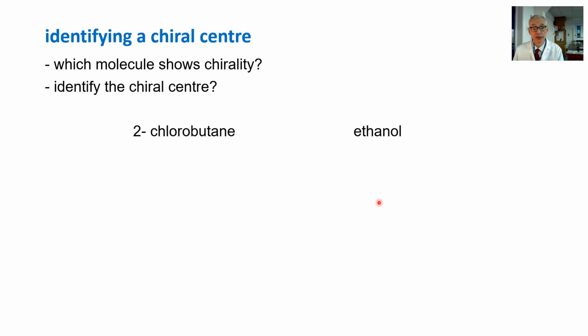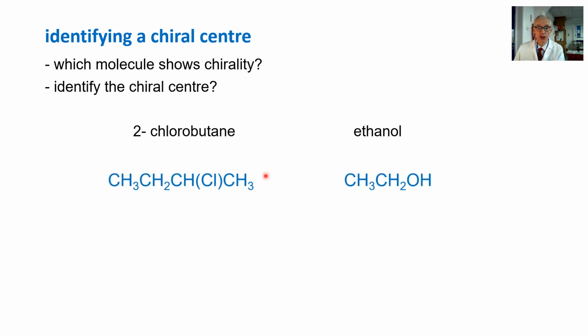Okay, so I'm going to reveal, first of all, I'm going to start with the structures. So here is 2-chlorobutane, CH3, CH2, CHCl, CH3, and ethanol, CH3, CH2, OH. So if I draw the structures out, that may be helpful. So here's my carbon, here's my CH3, CH2, carbon, hydrogen, carbon, chlorine, and then CH3.